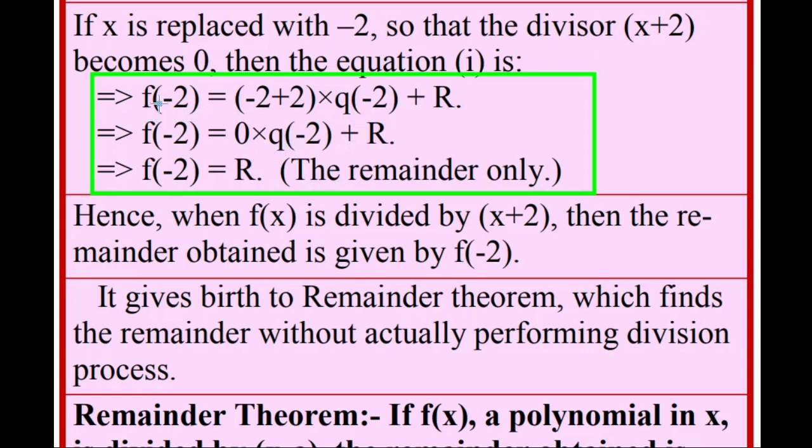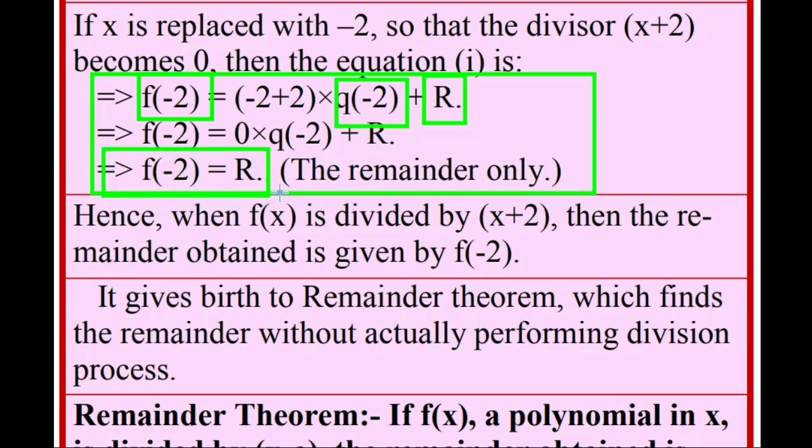So here in the above equation I replace x with -2, and hence the equation becomes f(-2) is equal to (-2 plus 2) multiplied by q(-2) and then plus remainder. Now here -2 plus 2 becomes 0. So in the next line f(-2) is equal to 0 plus q(-2) and plus r, and finally we find that f(-2) is equal to r.